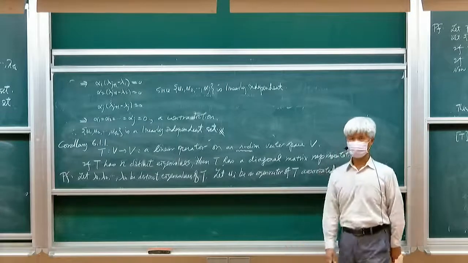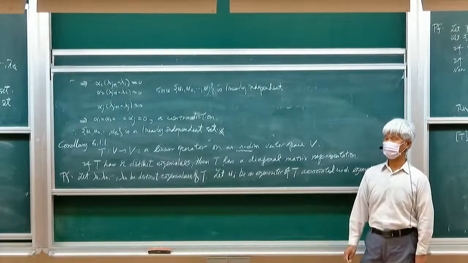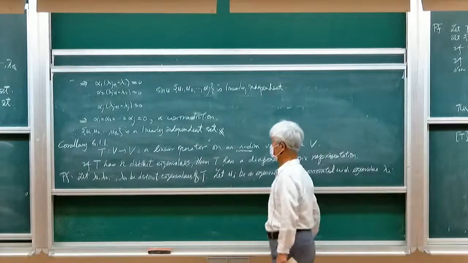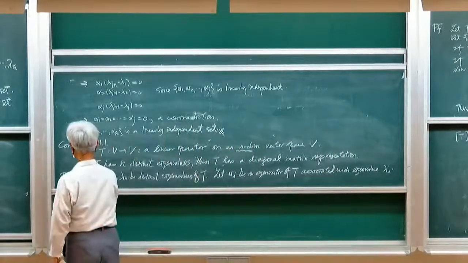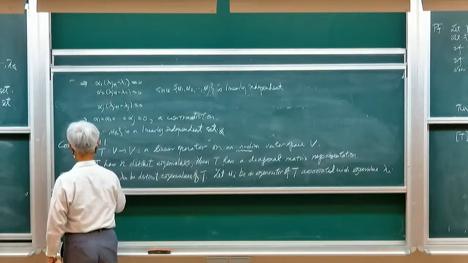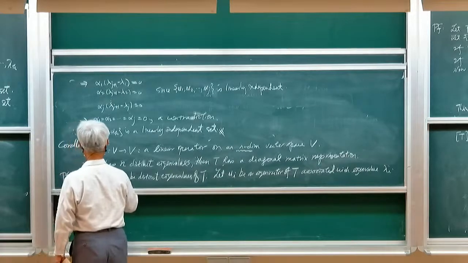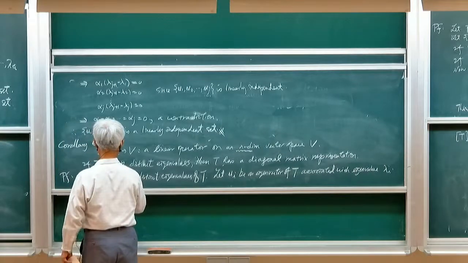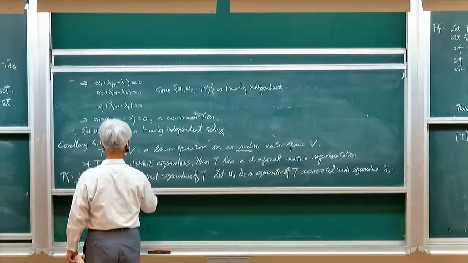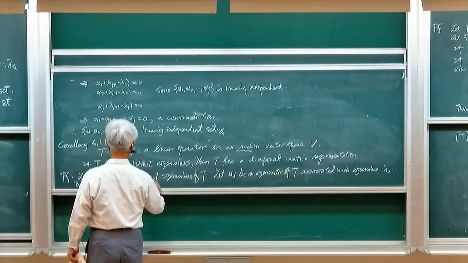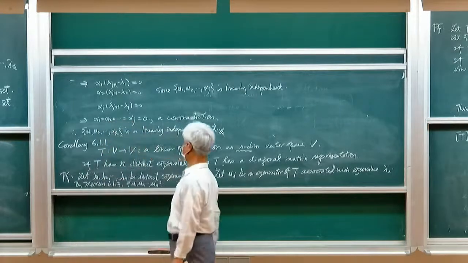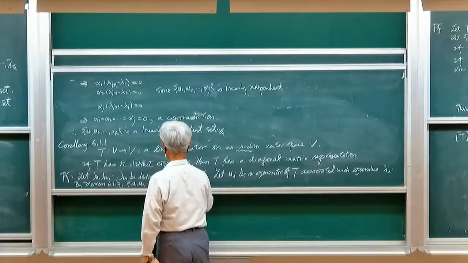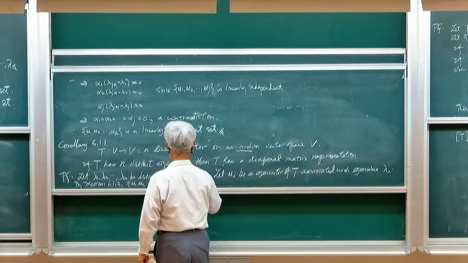Okay, because lambda i is an eigenvalue, so it has at least one eigenvector. So now by theorem 6.1.3, the collection of these n eigenvectors, right, is a linearly independent set.